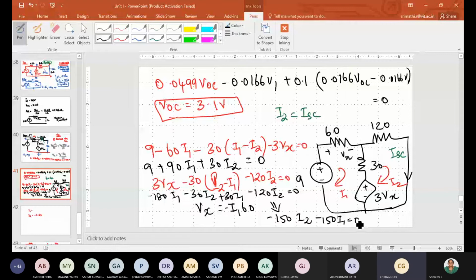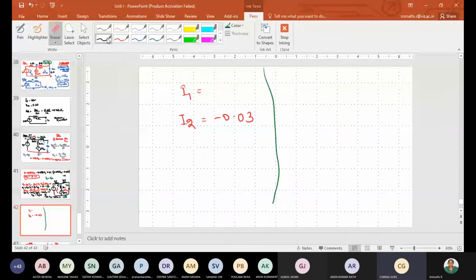And it is coming 0.15 ampere. Yes, ma'am. I1 is 0.15 and I2 is minus 0.03. No, both are 0.15, the sign is different.